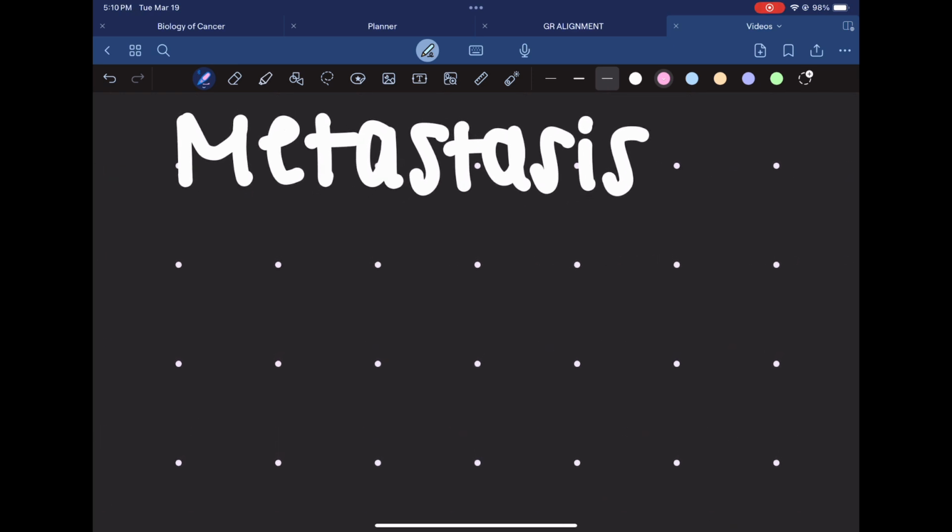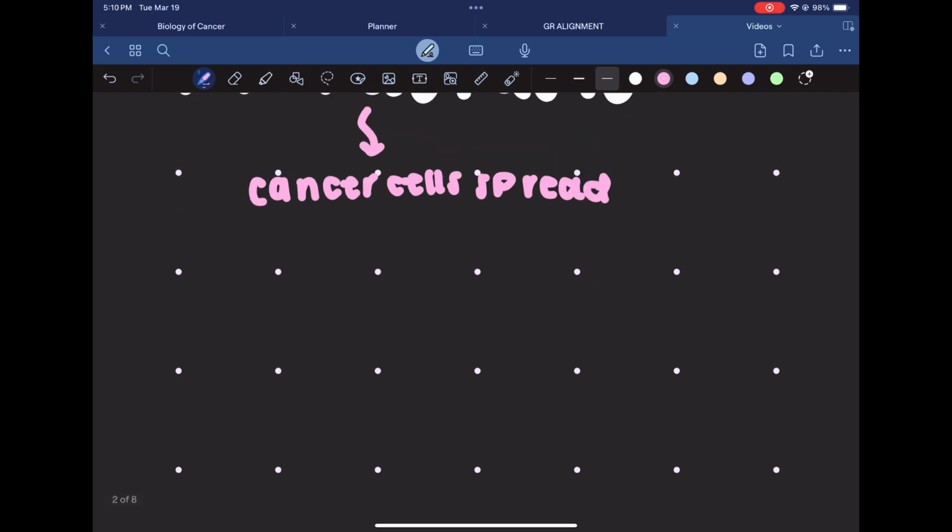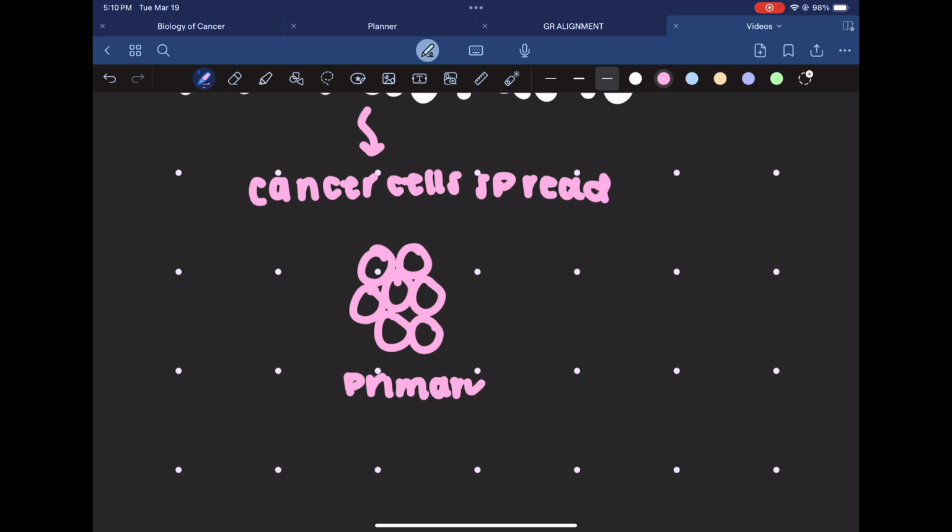So metastasis again is going to be when cancer cells spread. So we have a primary tumor right here. This is our primary tumor.